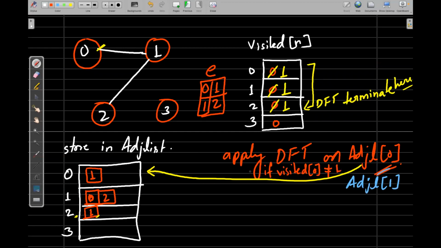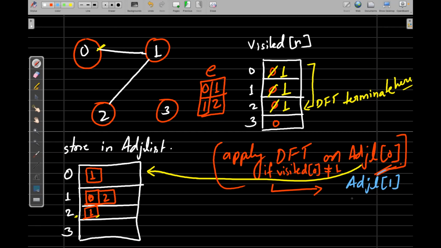That was the whole case. Same with all the indexes. So now it will move on to ADJL of 1.